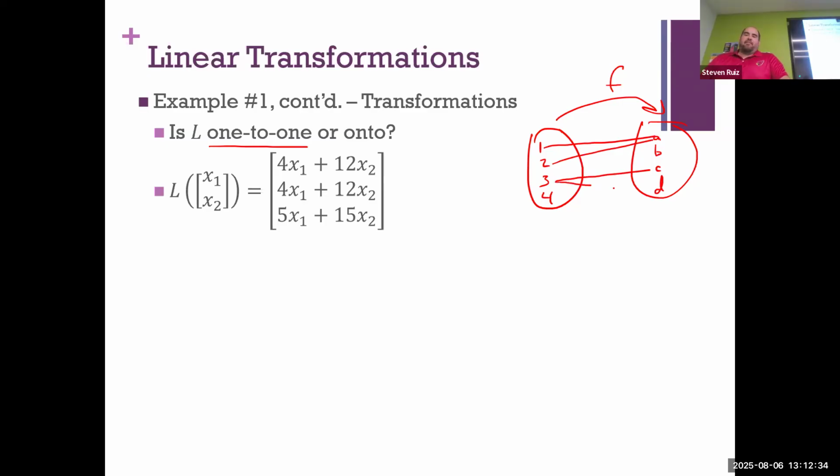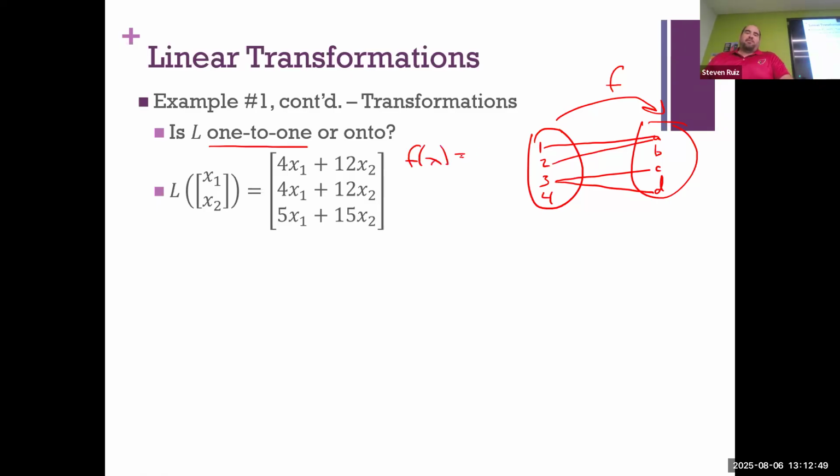I'm not allowed to do things like this. So in a function, you can have things in the range that get mapped to from multiple things in the domain.